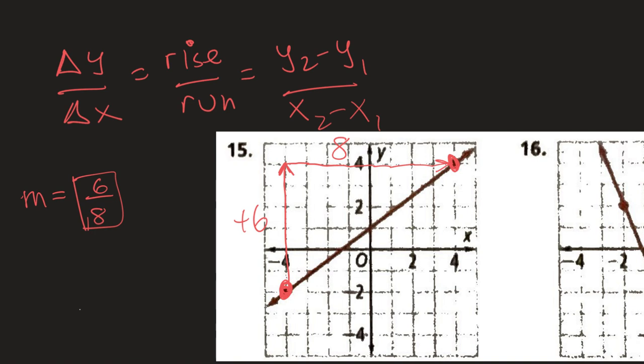But it's not the only answer, because I also happen to see that this line crosses through this part of the grid as well. Notice it misses the grid intersection right here, and it almost gets it there, but it hits it right there. So we actually could have used these two dots right here. Let's take a look.